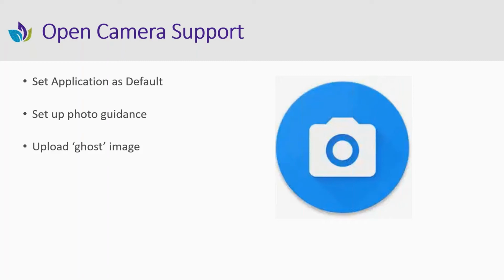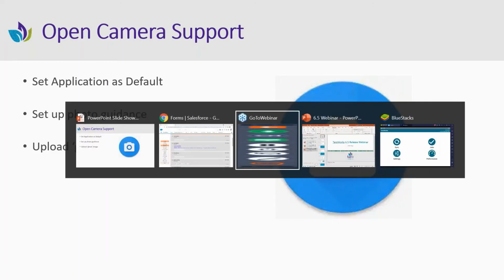This is a free Android application. You can set Open Camera as your default application for taking images. And then you can set up your photo guidance by uploading a ghost image to help guide your mobile users to taking photos as you would like. So I'll do a quick demo of this.